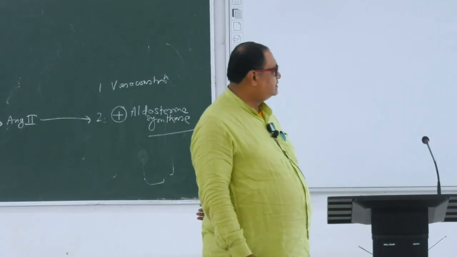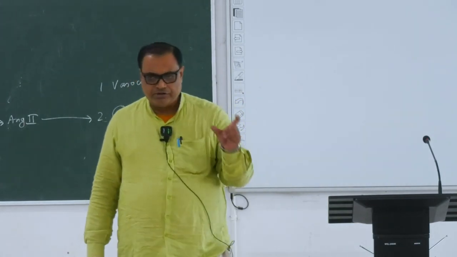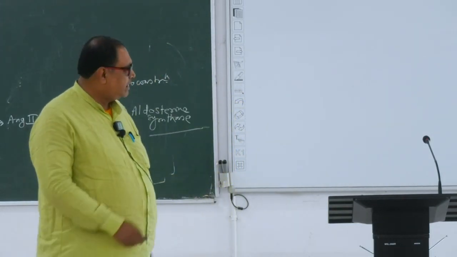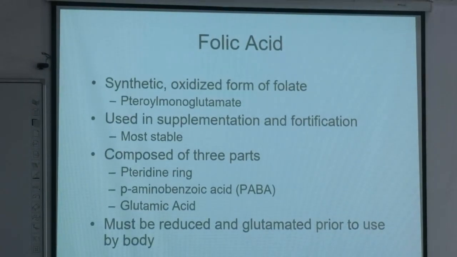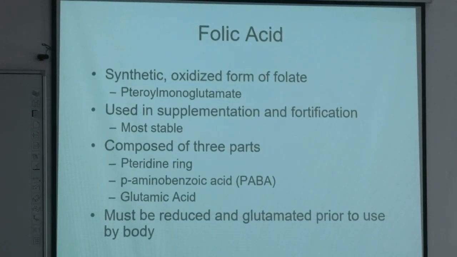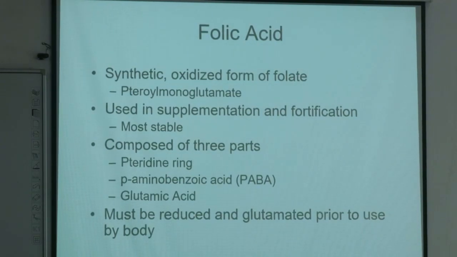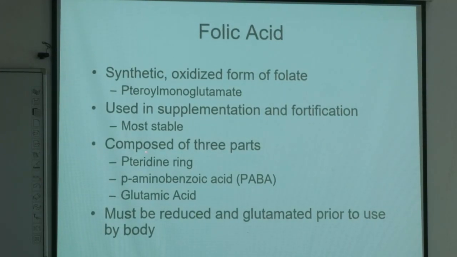Now what is folic acid? Folic acid is a large molecule made up of three things: one pteridine ring, where the P is silent and the pronunciation is 'teridine', plus para-amino benzoic acid, plus glutamic acid.